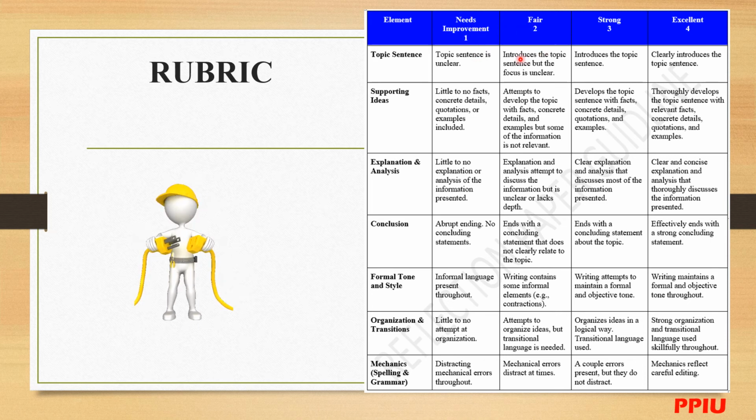Fair means the topic sentence exists but the focus is unclear, still blurry, so you cannot get full mark and you get only 2. Good is a strong topic sentence, and excellent is a clear introduction of the topic sentence. Everything is the same; you can read here and understand what score you will get.